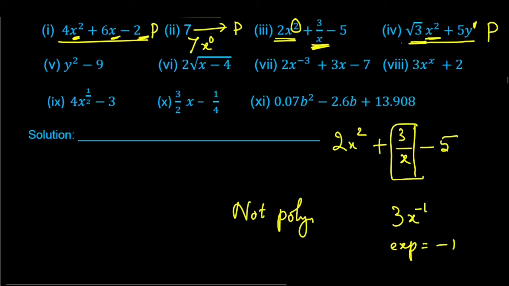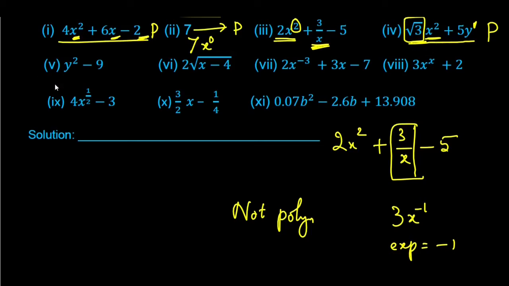Here we have the coefficient of x square as square root 3. To decide whether an algebraic expression is a polynomial or not, we have to observe only exponents, not the coefficients. Even if the coefficients are not whole numbers, they are polynomials. The coefficients can be any real numbers.